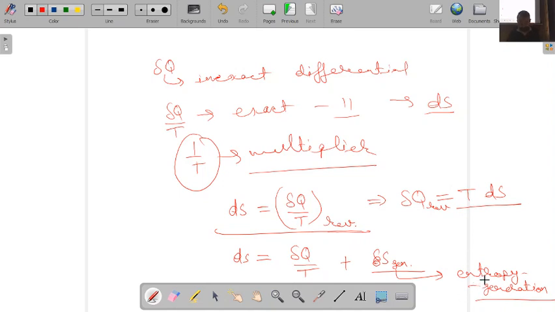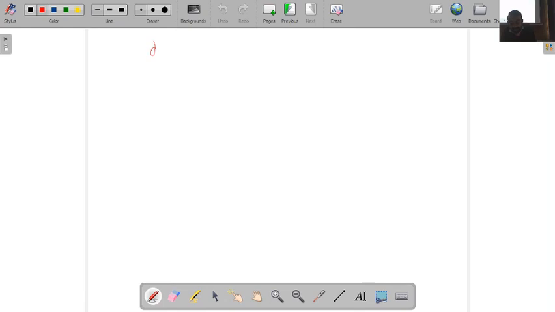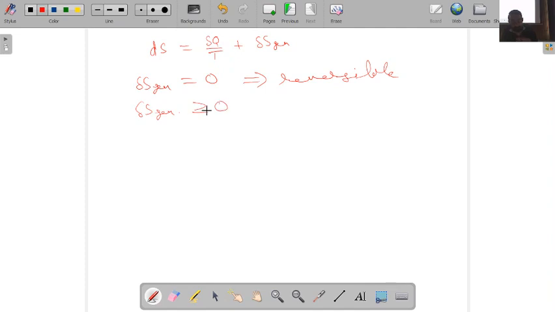So if you are having entropy generation within the system, then the change in entropy during a process will not be solely equal to del q by t. Okay, so now the general statement, you can say ds is equal to del q by t plus delta S generation, where delta S generation is equal to 0 for a reversible process, and delta S generation is greater than 0 for an irreversible process. Okay.